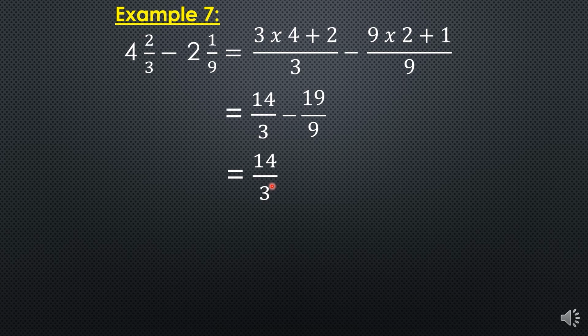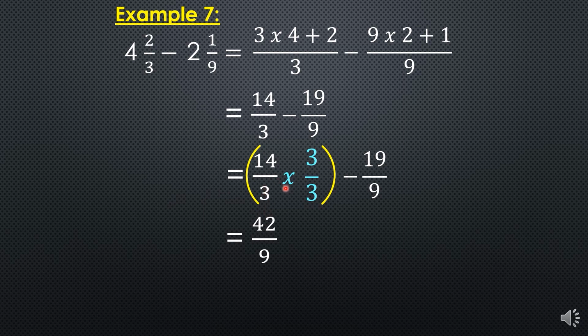14 over 3 times 3 over 3 minus 19 over 9. Why 3 over 3? Because 3 times 3 equals 9. Let's continue. 14 times 3 equals 42. 3 times 3 equals 9, minus 19 over 9.